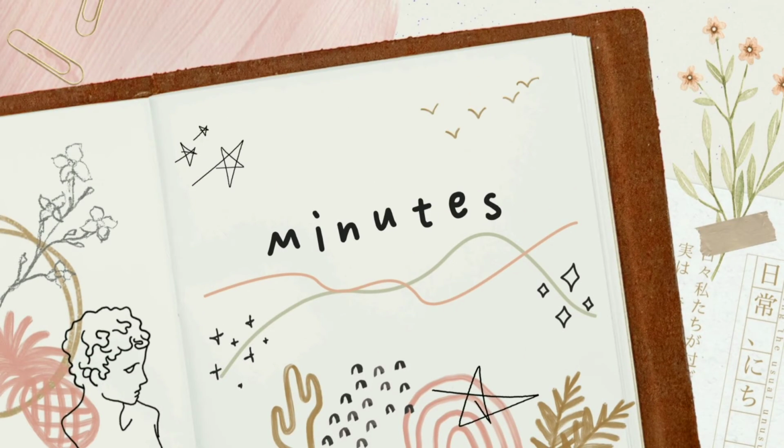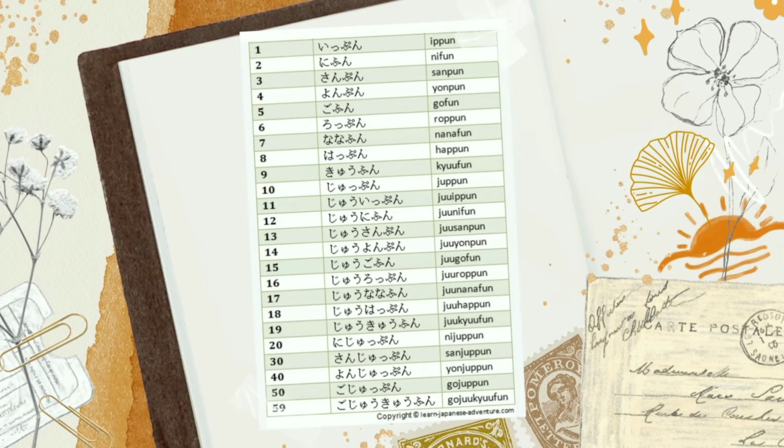Minutes in Japanese is shown on the table: the English word for minutes, written in kanji, written in hiragana, and how it is pronounced in Japanese. Take note of the different pronunciation required for minutes ending with 1, 3, 4, 6, 8, and 10, which are pronounced as pun, P-U-N.